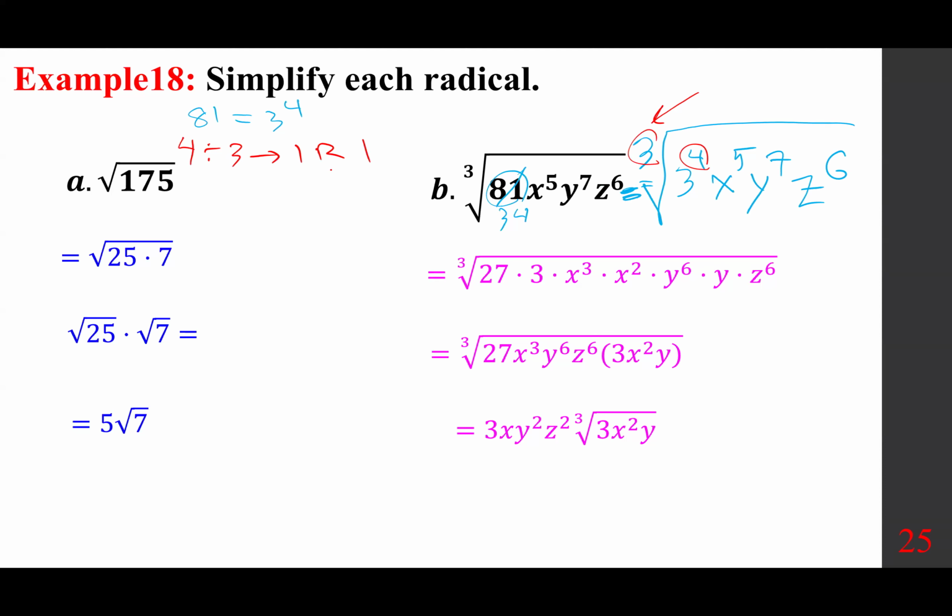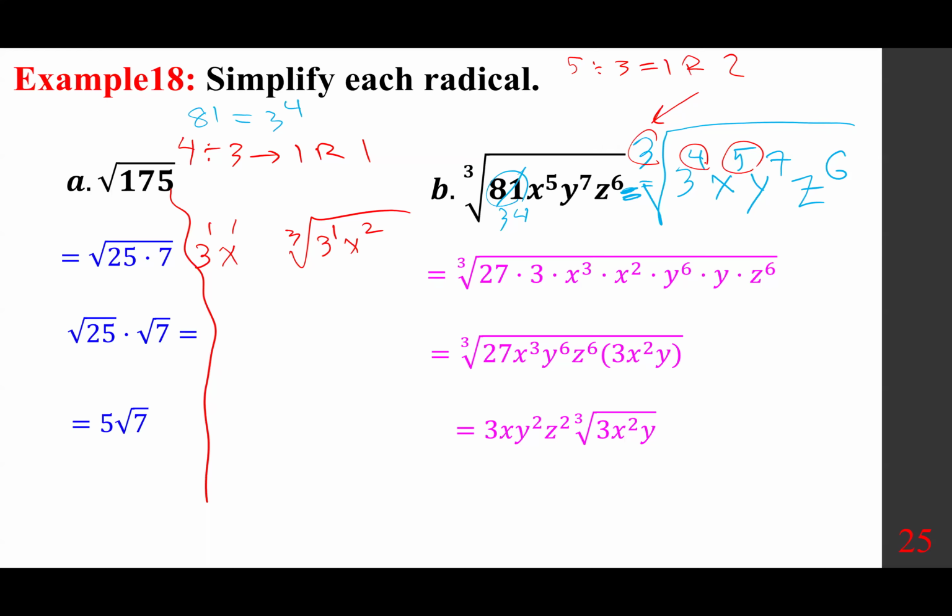So the answer is 3 to the power of 1 out, 3 to the power of 1 in. Then I'm going to divide 5 by 3, and I get 1 remainder 2. So x to the power of 1 outside, x to the power of 2 inside.